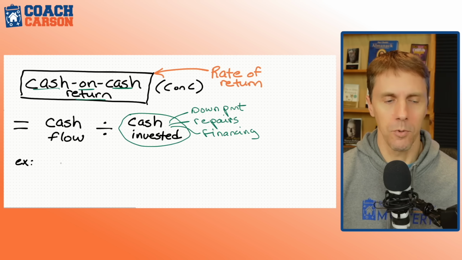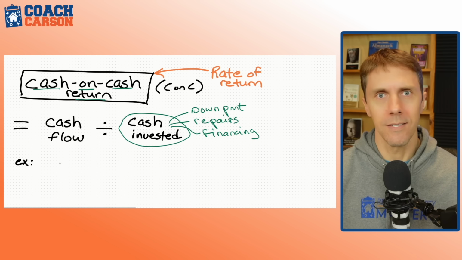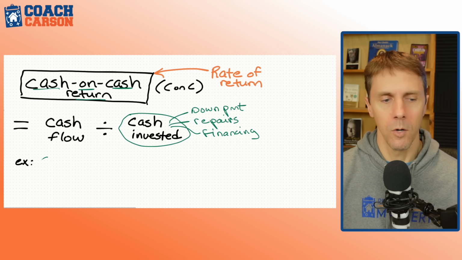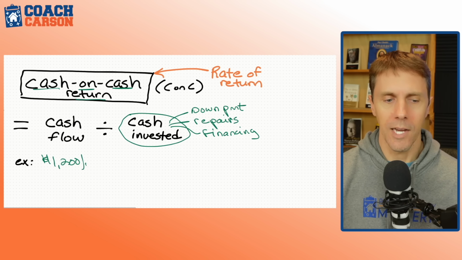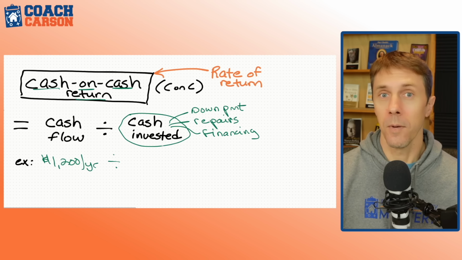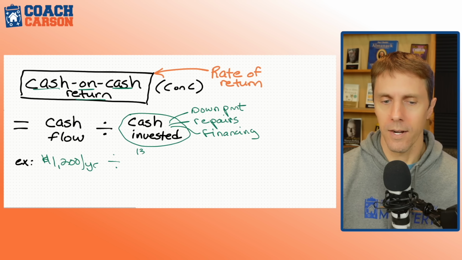And so I'll give you an example using our lower price cash flow centric property from before. Remember we had $1,200 per year in cash flow from our last formula. And we want to divide that by the amount of money we put into the deal. We had a $130,000 purchase and a $30,000 down payment. Let's assume this is a turnkey property that's already fixed up, but we have another $5,000 in financing costs to get it bought.